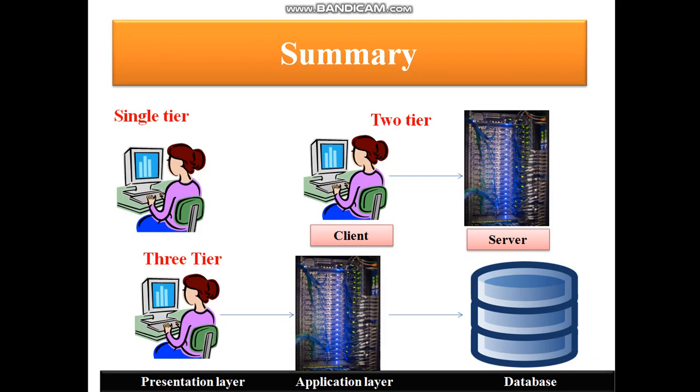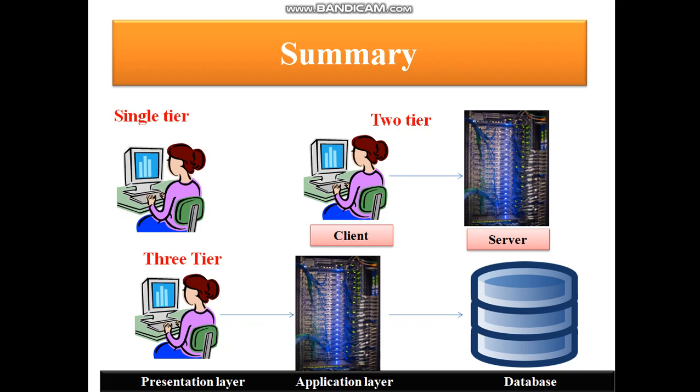So if we summarize single tier, two tier and three tier: remember that single tier is nothing but there is no client server architecture, it is on your machine, your computer or laptop. You can access the database, and that is nothing but a local database. The two tier is nothing but the client server architecture, and three tier is the extension of it, with the presentation layer, application layer and database layer.